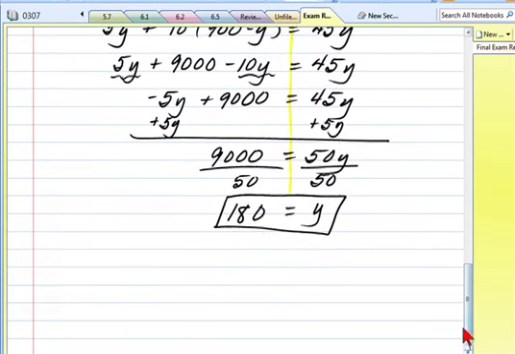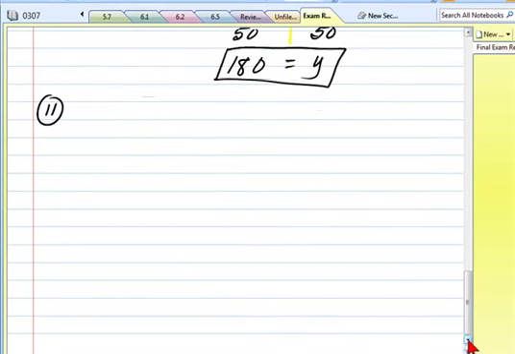All right, let's look at 11. Number 11 has some fractions in it. I have 2x over 5 minus x over 3 is equal to 2. What do you do to make an equation easier when there are fractions in it? Multiply by the least common denominator.